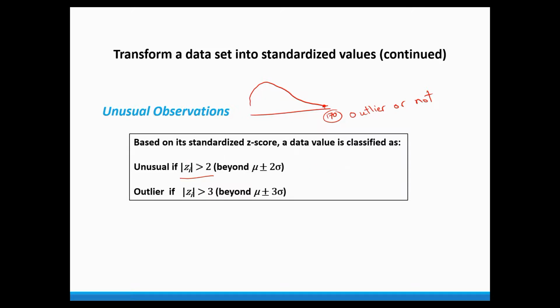If the absolute value of the z-score is greater than 2, in this case we call the observation an unusual one, and if the z-score is greater than 3, we call this observation an outlier. Of course, here it's mu plus 3 sigma. Zi is a standardized value, or z-score.